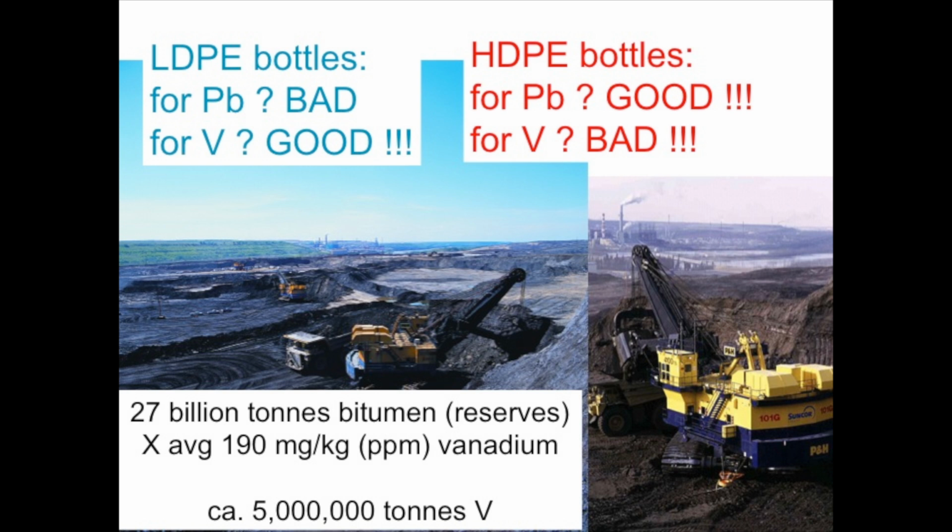So if you're interested in a metal tracer of the environmental impact of the oil sands, you could think about using vanadium. Remember the high density polyethylene bottles, they are great for lead, but they're bad for vanadium. The low density polyethylene, bad for lead, good for vanadium. So if we want to look at the environmental impact of the oil sands development as regards trace metals in the environment, the first question is, what bottle are we going to use?